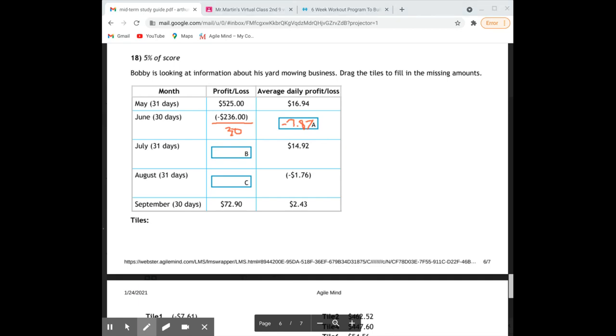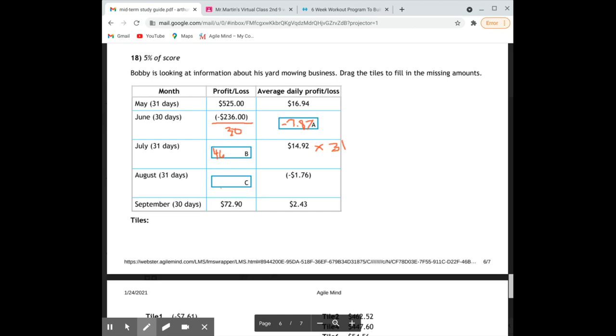All right, Brooklyn, you want to do letter B? Yes, sir. All right, go ahead. Give me a second because I gotta remember what I did. You good? For that one, I had multiplied $14.92 times 31, and I got $461.90. But since there was a 9 in the tens place, I think I had just made the 1 a 2.